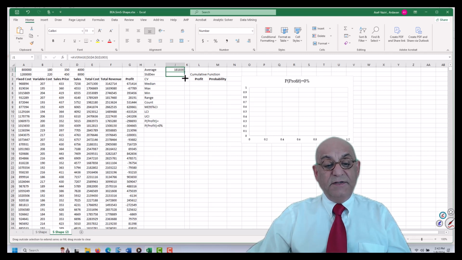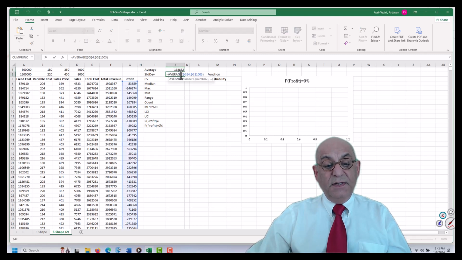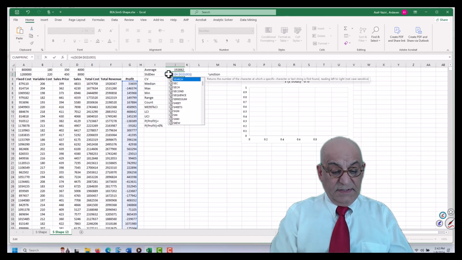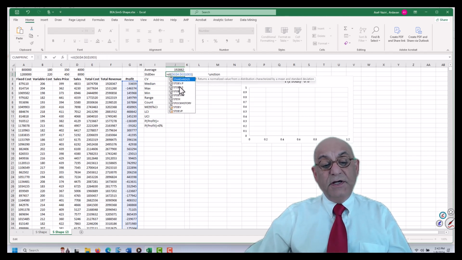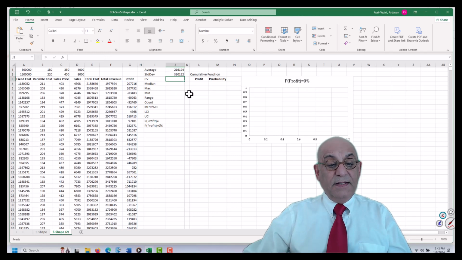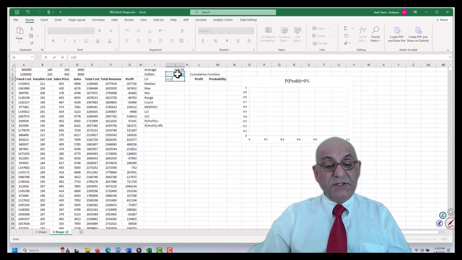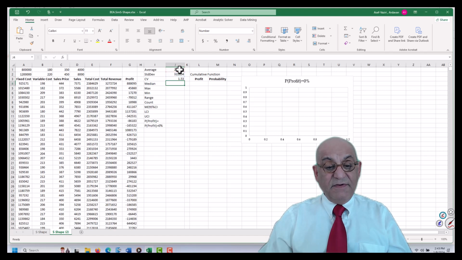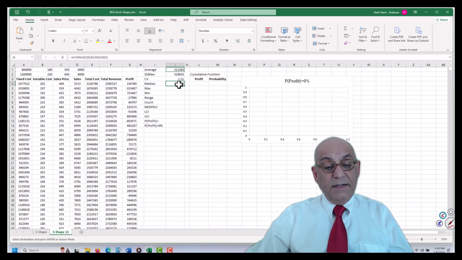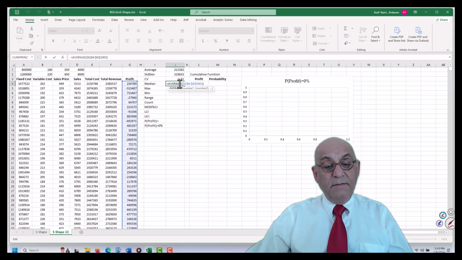For standard deviation, I copy it down, double click on it, STDEV.S, standard deviation of sample. That's it. Coefficient of variation is equal to standard deviation divided by average. Median, I just copy this, bring it here, and then I make it median.